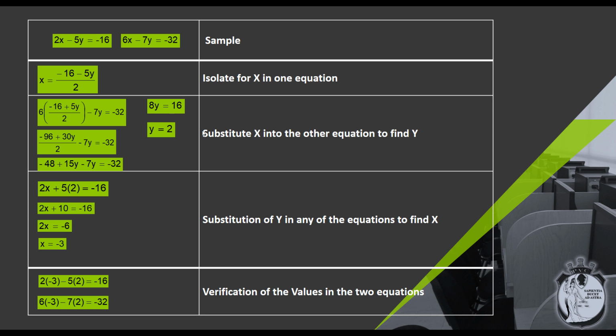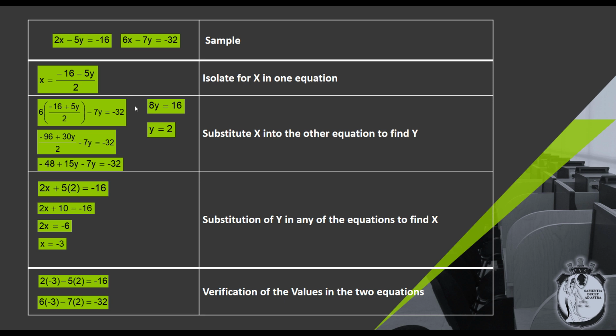Now, when you have that expression, you can substitute the value, because this is the value of x, but you need to substitute it in the other equation. For example, if you isolate the x in the first one, you need to substitute in the second one. If you isolate one variable in the second equation, you need to substitute in the first one.